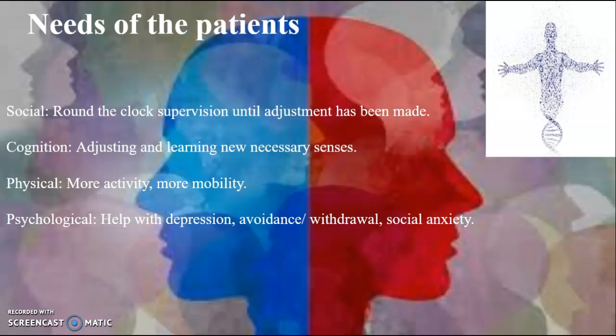The round the clock supervision will be trying to ease them into the transition between having the ability to see and losing that sense, and using other senses to make up for this loss. So let's say somebody gets into an accident and loses their vision, they would have a hard time transitioning into this new world that they will be living in.